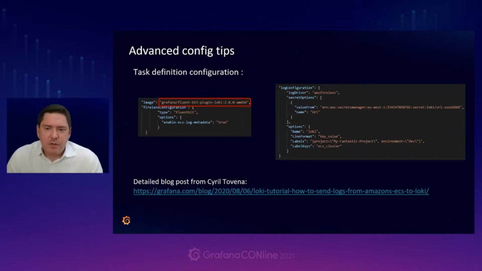On the left part, you can see that we are using the Grafana's FluentBit Docker image. And on the right part, you can see the log configuration. So there is a great detailed blog post from Cyril Tovena that you can access if you want to have further details about such setup.